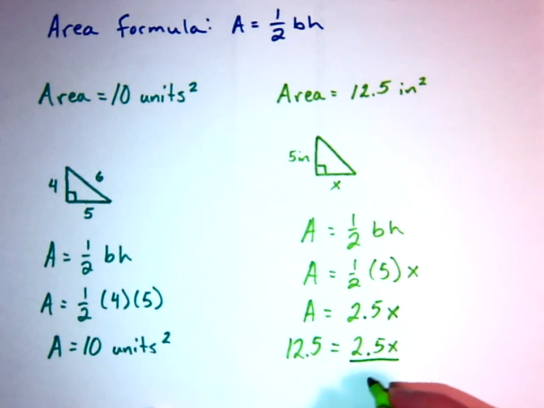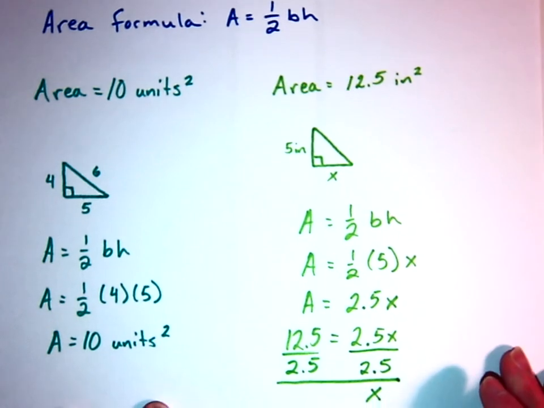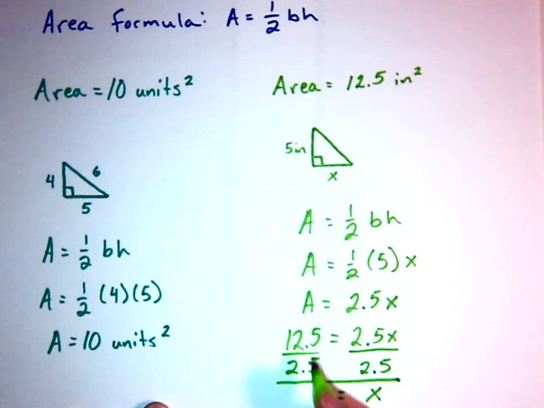I'm going to divide by 2.5, and if I do that to one side, I have to do it to the other side. This cancels out, because the inverse operation undoes that operation. Then 12.5 divided by 2.5 is 5.